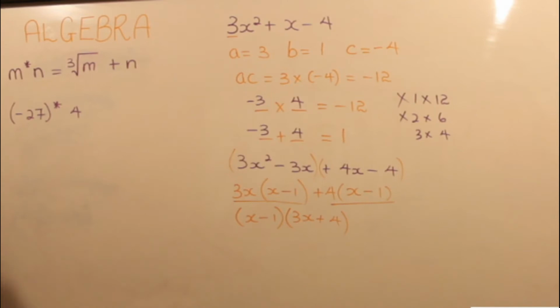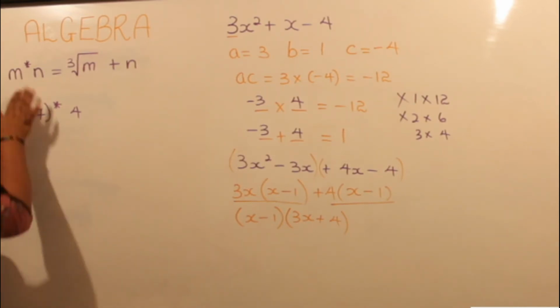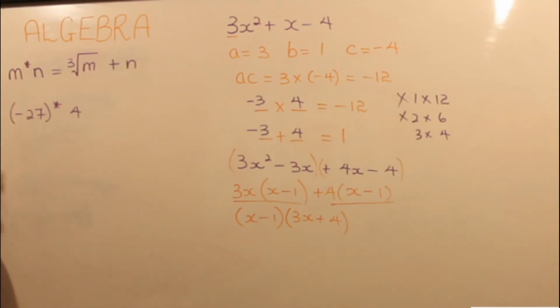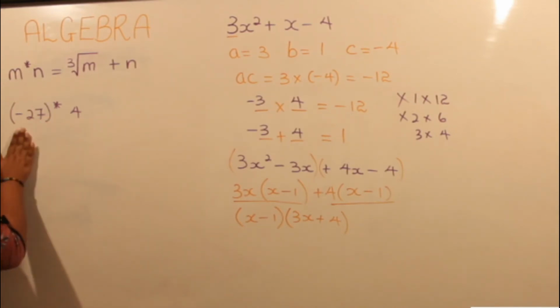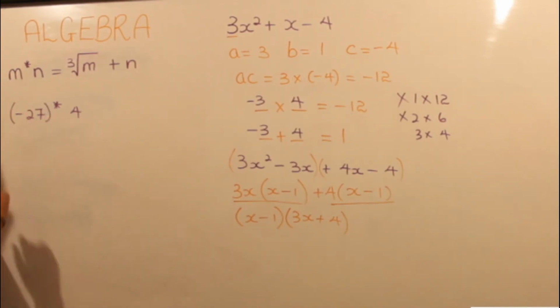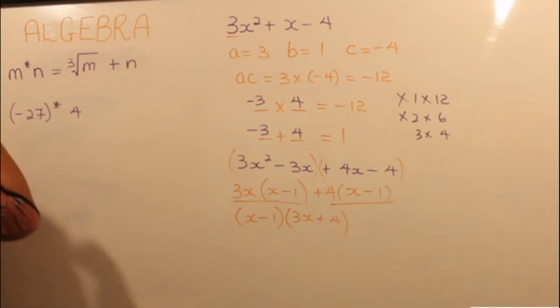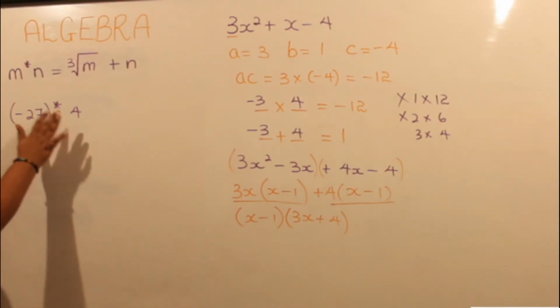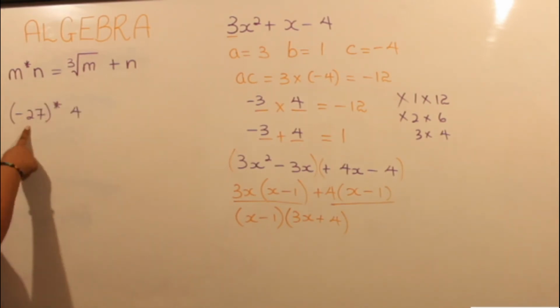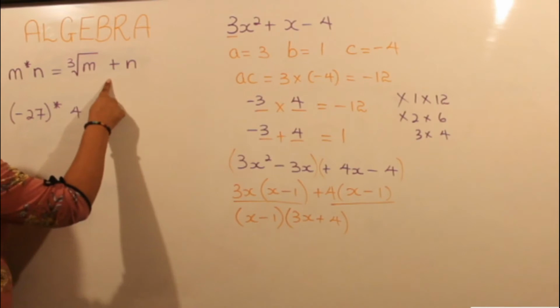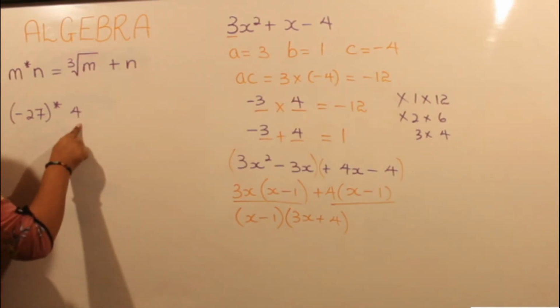Alright? So they didn't tell us m is equal to and n is equal to, but we can tell that because m and n are just representative of two operands. And these two operands here are minus 27 and 4. Okay? Our operation of star is executed such that we're going to find the cube root of m, which is our very first operand, and then add that to our second operand, which is 4.